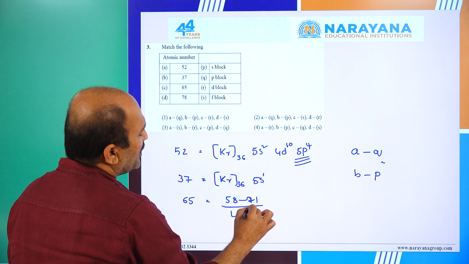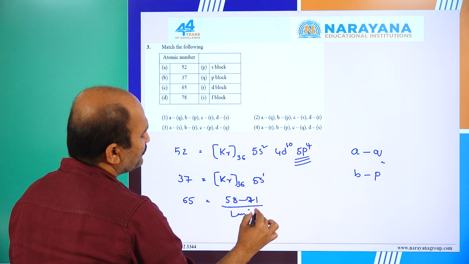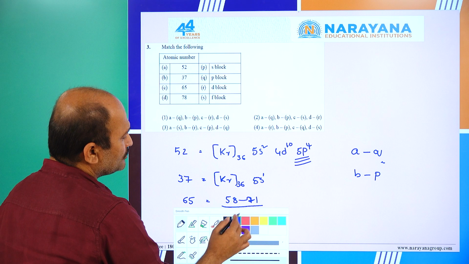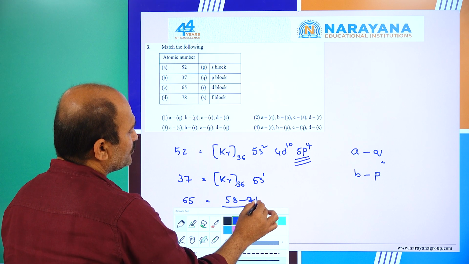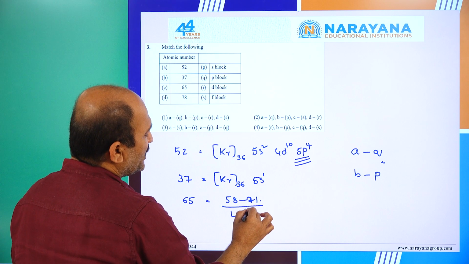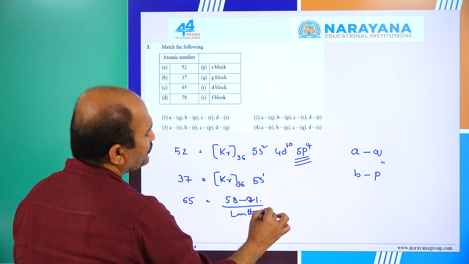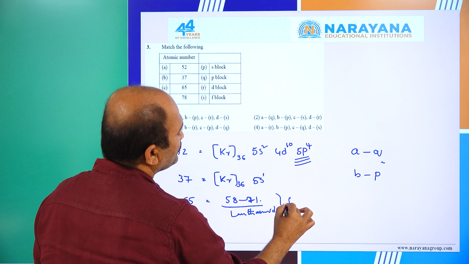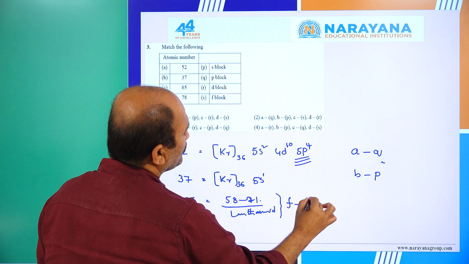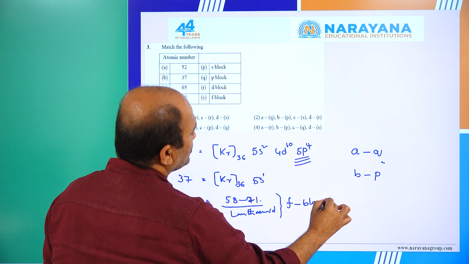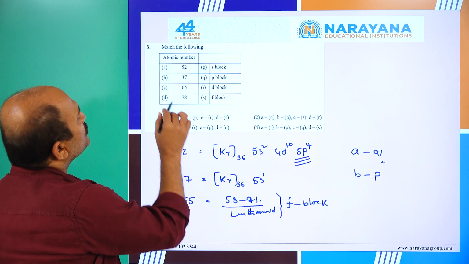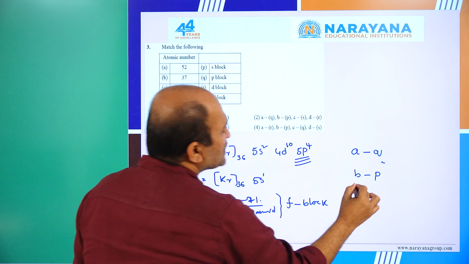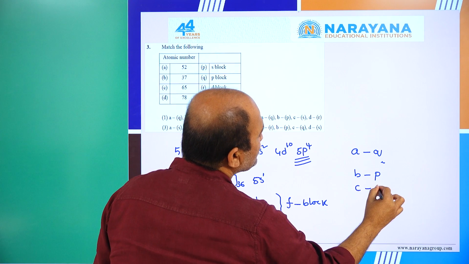So all lanthanoids belong to f block. F block, right? So C, element 65, atomic number belongs to f block. C matches with S.